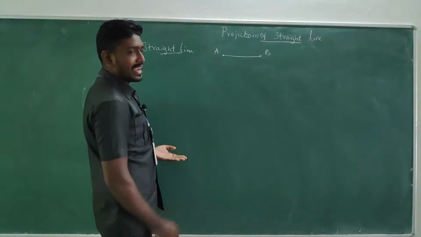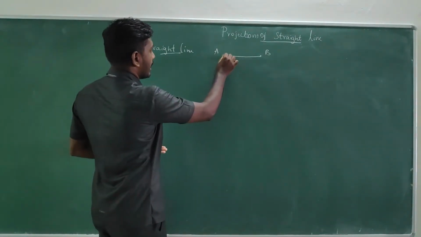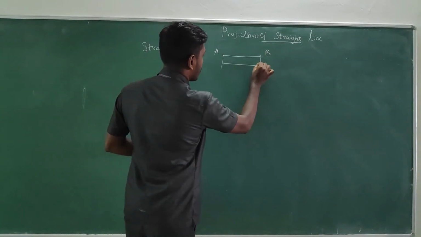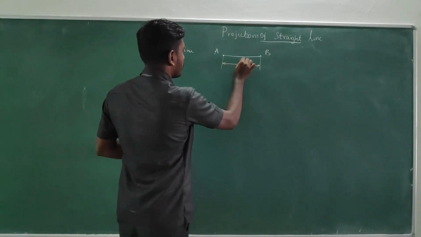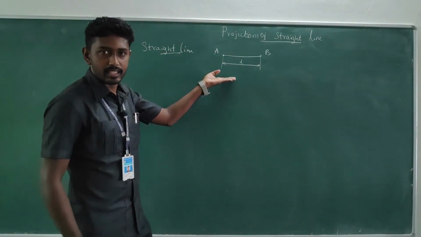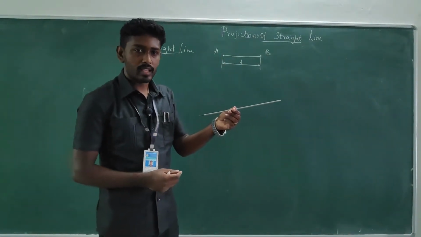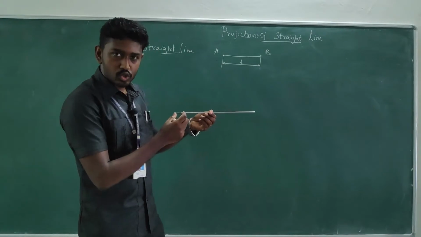As far as the straight line is concerned, it has only one dimension, that is length. So this is the line, and it has two ends.